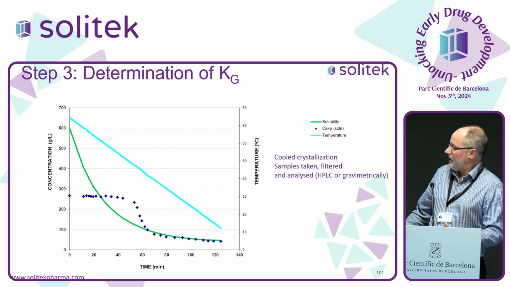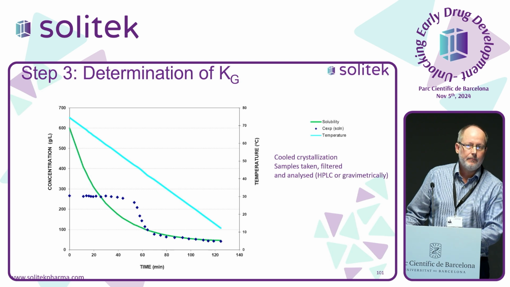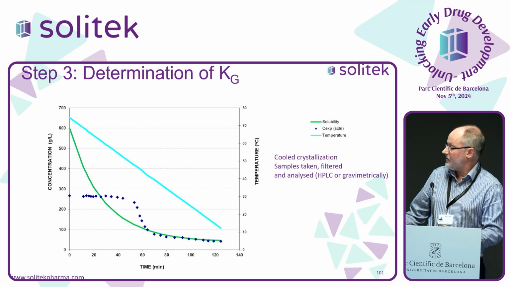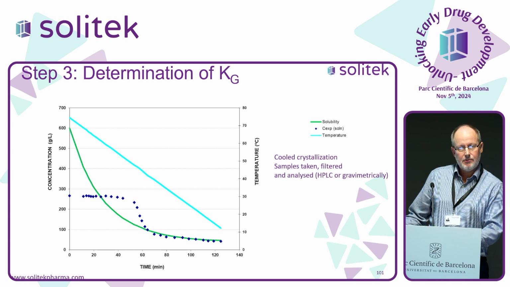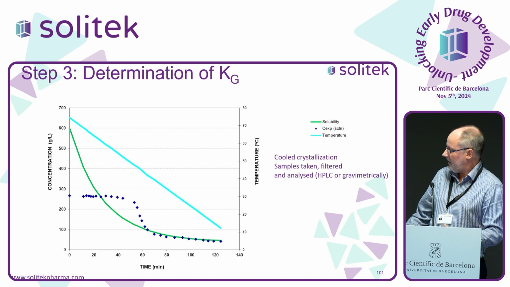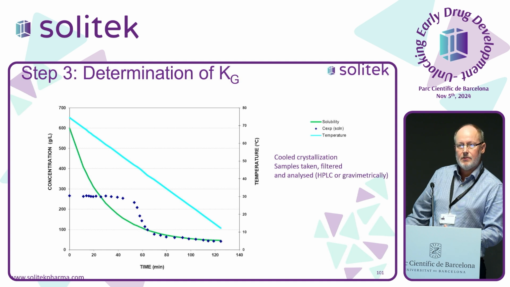And we see that initially, we have very little crystal growth. Most of the product is in solution until we reach this substantial supersaturation, and then we suddenly see crystal growth, and the amount in solution is reducing until finally, at equilibrium, we're following the solubility curve.